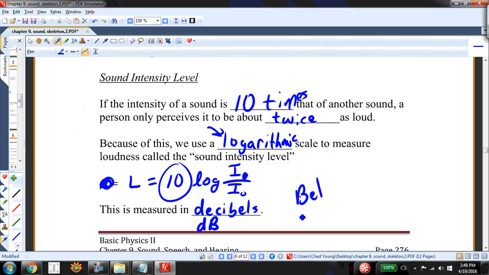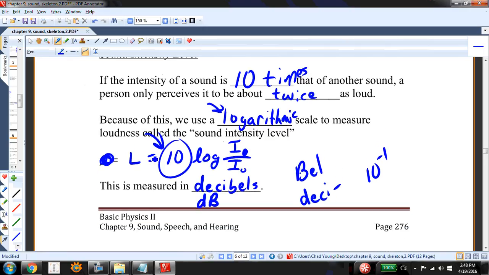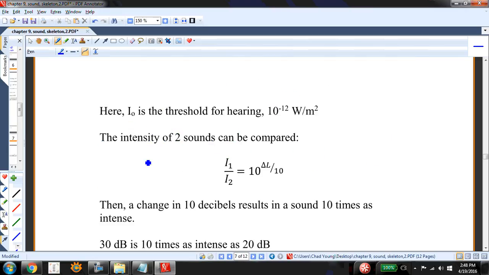Deci is one of those metric prefixes. It means 10 to the minus 1, and that brings a factor of 10 in here. It's not terribly important, but if you're wondering where that factor of 10 comes from, that's why. The unit is actually the bel, but we measure it in decibels. You don't see that metric prefix very often.